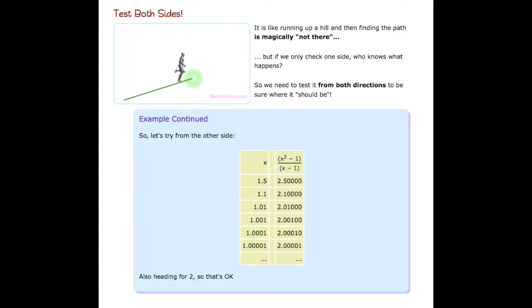For this continued example, we have x as the input, and x squared minus 1 over x minus 1 is our output. If we have an input of 1.5, we will get an output of 2.50000. And as it goes on and on, it is also heading for 2, so that's okay.